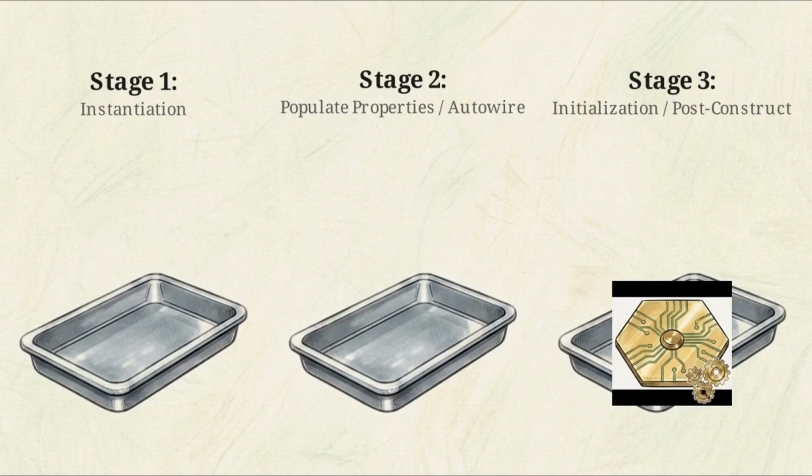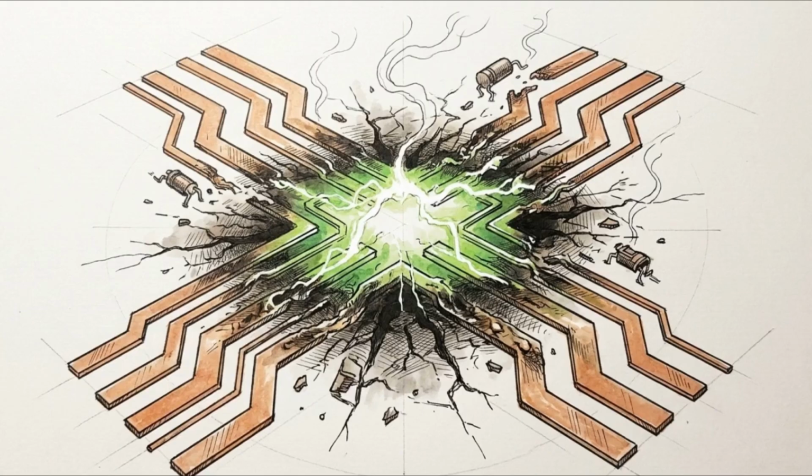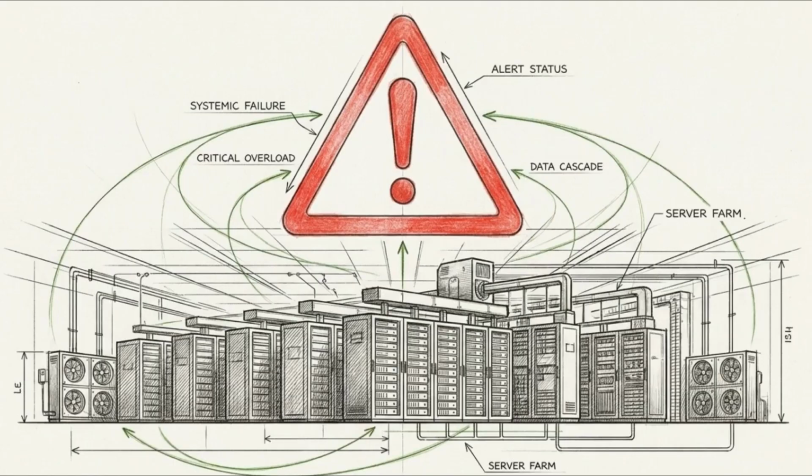Here, Spring populates the object's properties. Stage 3 is initialization, which allows for custom post-construct execution. Attempting to collapse these three steps into a single simultaneous action is the architectural equivalent of a short circuit. It is the core reason why complex deployments fail on launch.